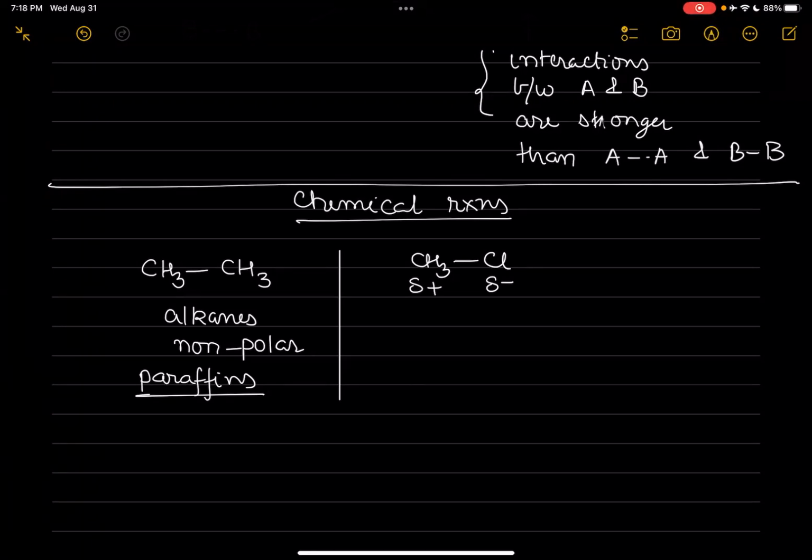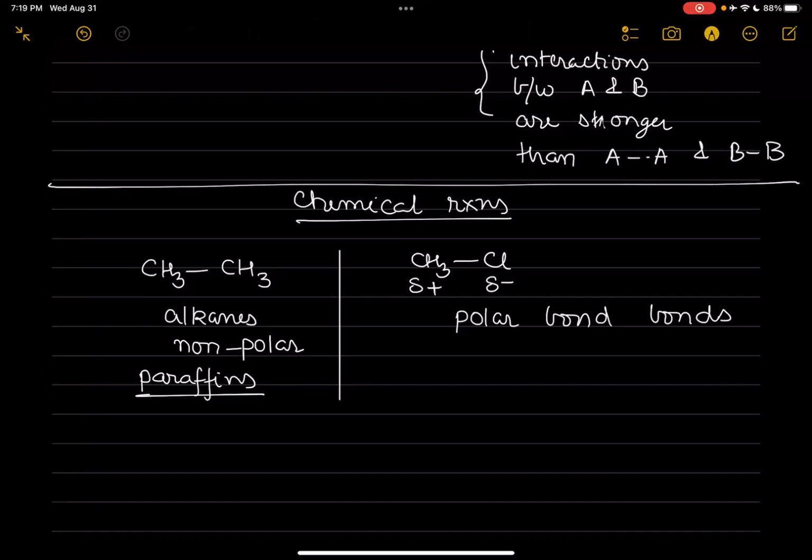First of all, you need to think whether it will help them to react more easily or with more difficulty as compared to alkanes. Yeah, Arpit? Imad? So more difficult because they're non-polar.